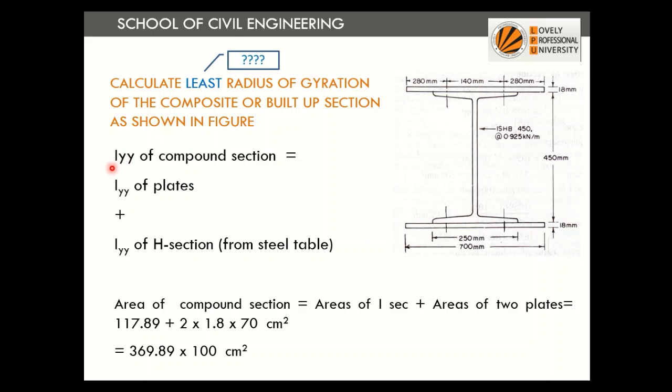The moment of inertia of the compound section will be equal to the moment of inertia about the y axis of the plates plus the moment of inertia about the y axis of the H section. Similarly, we can calculate the area of the compound section. It is equal to the area of the I section, which you will get from the steel table, plus the area of the two plates. The size of the plate is 700 by 18. When we calculate this, we'll get the total area in centimeter square.